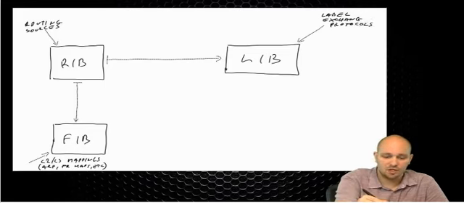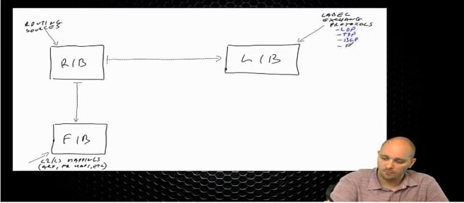Now, these label exchange protocols are, for example, LDP, TDP, BGP, RSVP, or static labels.